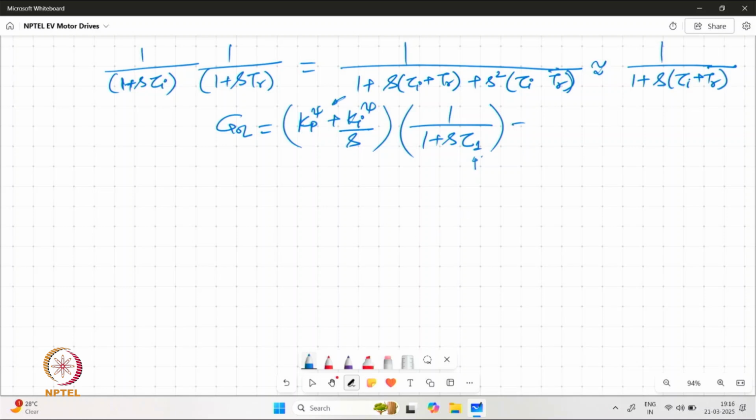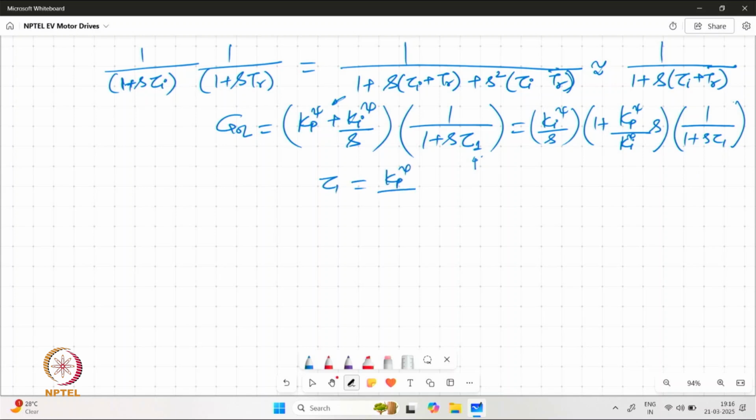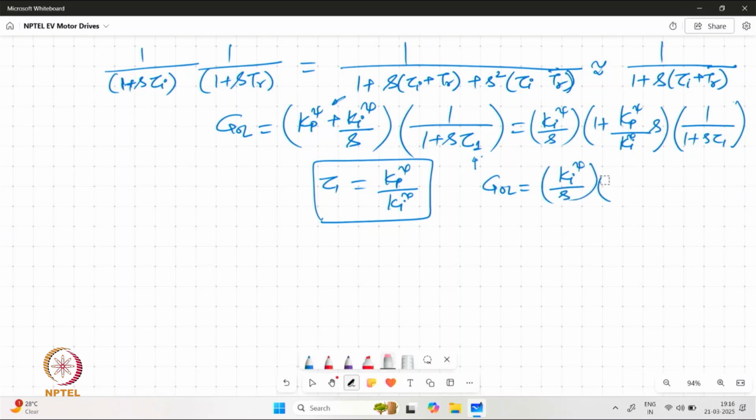So which is why we'll go for the pole zero cancellation, and we would equate tau 1 with ki psi, and the remaining term looks very similar to what we had for the current control loop.